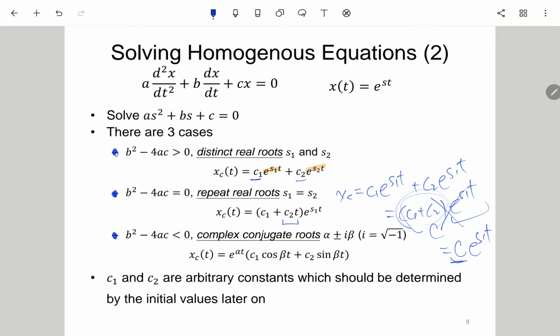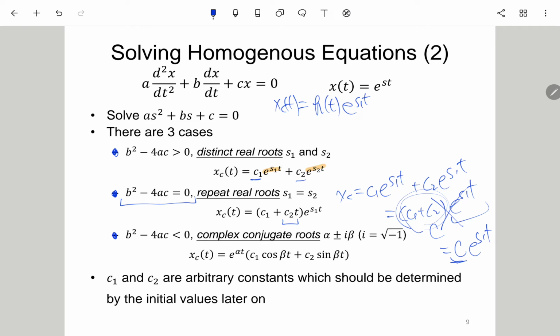assume as if we already know that b square minus 4ac is equal to 0. You can assume that xc of t equals, let's say, h of t times exponential to s1t. Okay, so we assume this is also a solution. Why? One reason is that it really works.